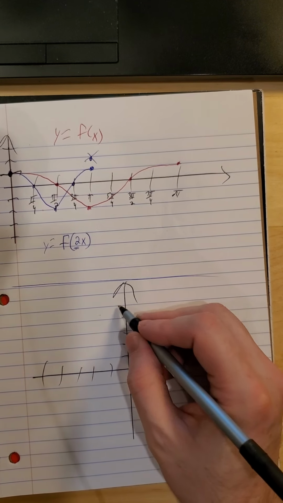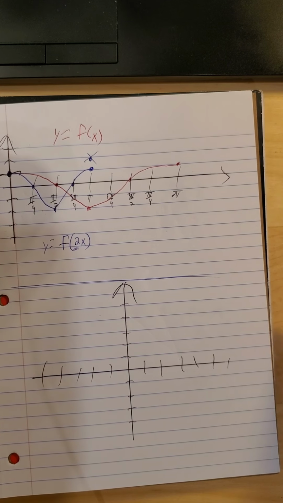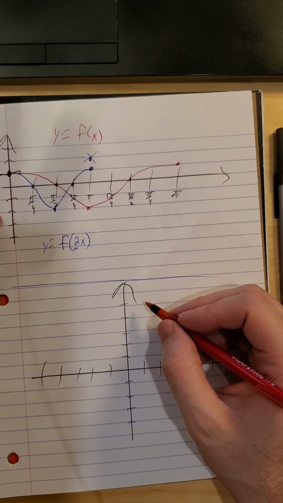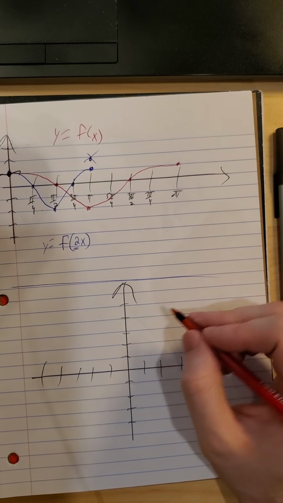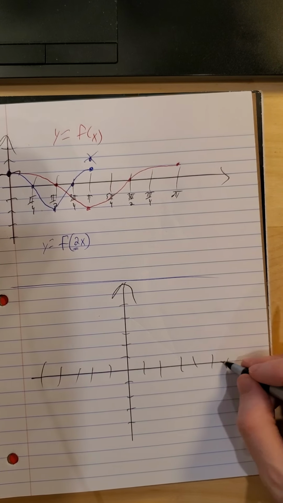And again, for these couple that I'm not giving you a function on, I'm not doing a lot of work with the scale. If I give you the actual function, I would put more detail, obviously, into it.